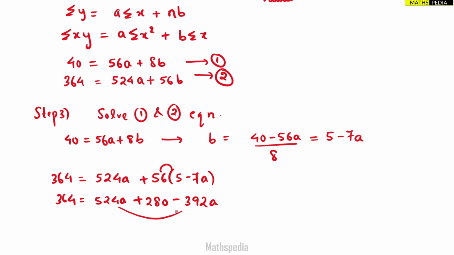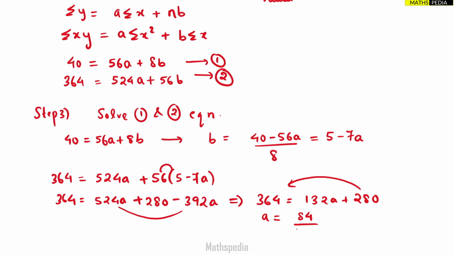Now these two you can just subtract, so you will be getting 364 as it is on the LHS side, 132a plus 280, right? So 280 you can send over there, so you'll be getting the a value as 364 minus 280 is 84.